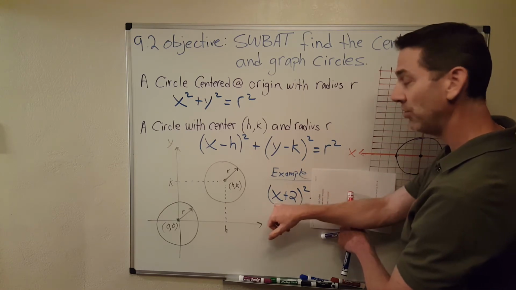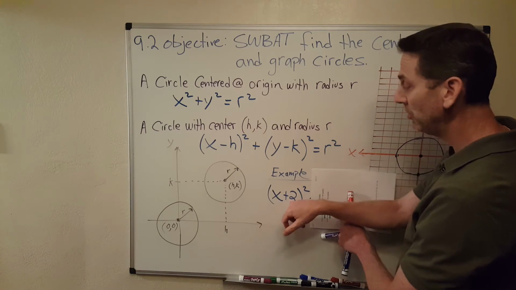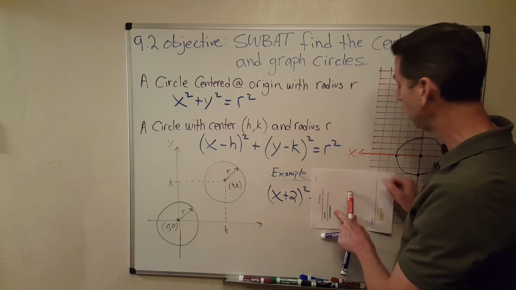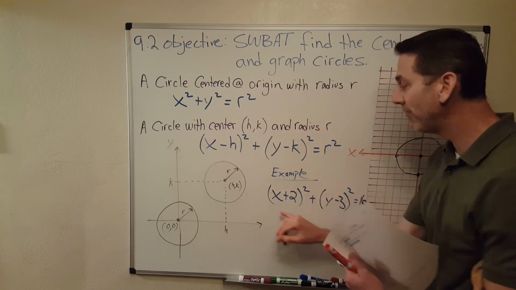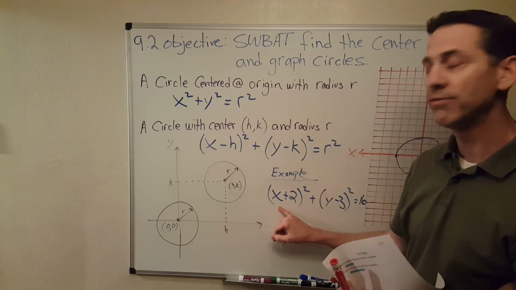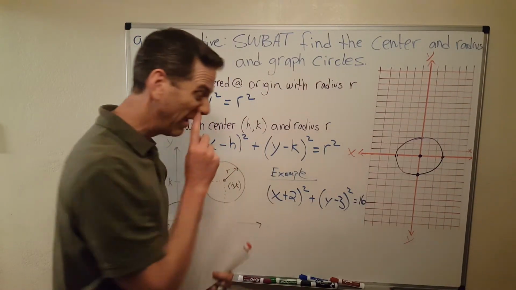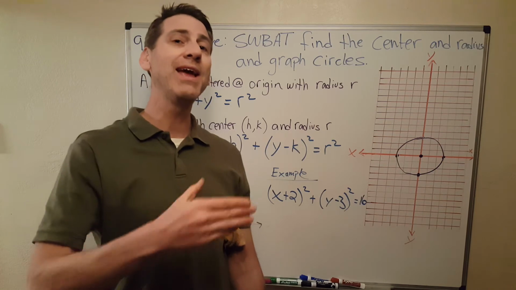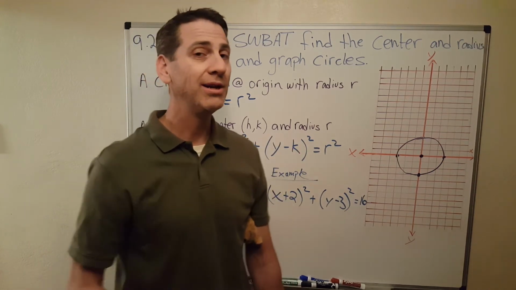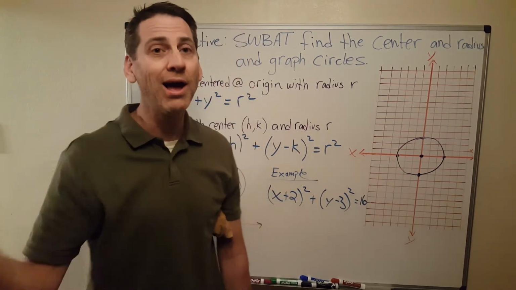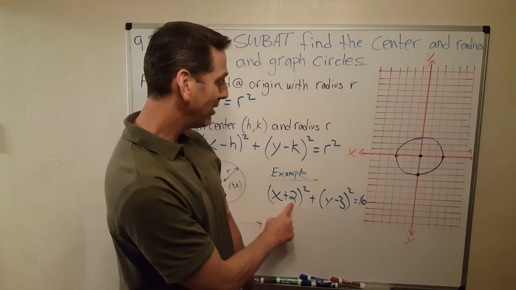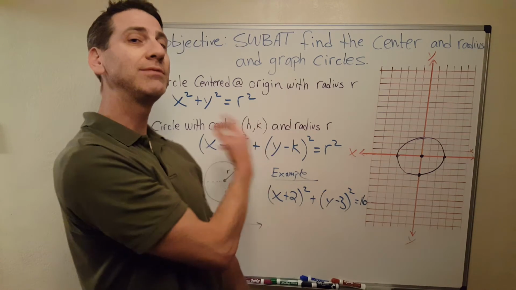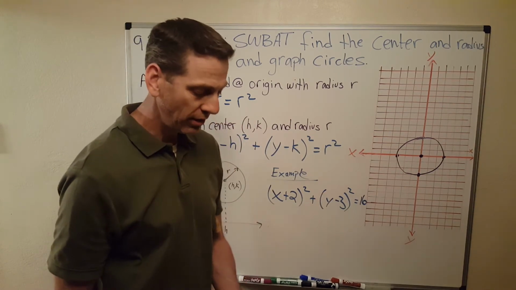But negative 2 plus 2 is 0, and 0 squared is 0. So the value for x would be negative 2. So my horizontal shift is actually going to be negative 2. Another way to think about it is just do the opposite of what you think. That looks like a shift of 2 to the right. In reality, it's just a shift of 2 to the left.